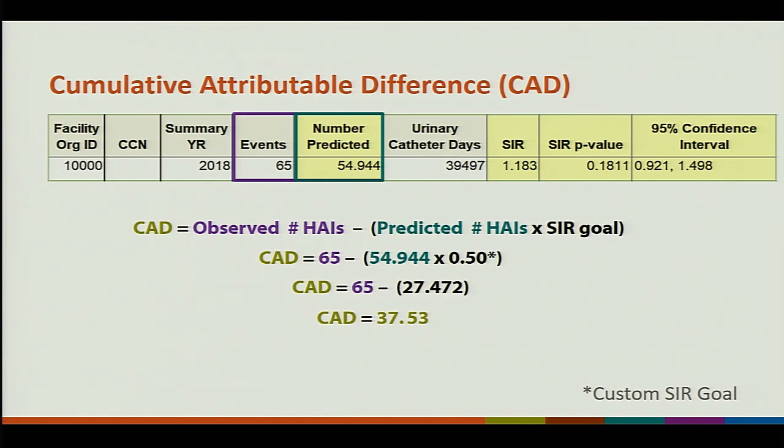So from 24 infections that would need to be prevented over 2018, we're now at 38 infections over the same time period. Meaning, if we were to prevent 38 more infections over calendar year 2018, we would have had an SIR of 0.5.